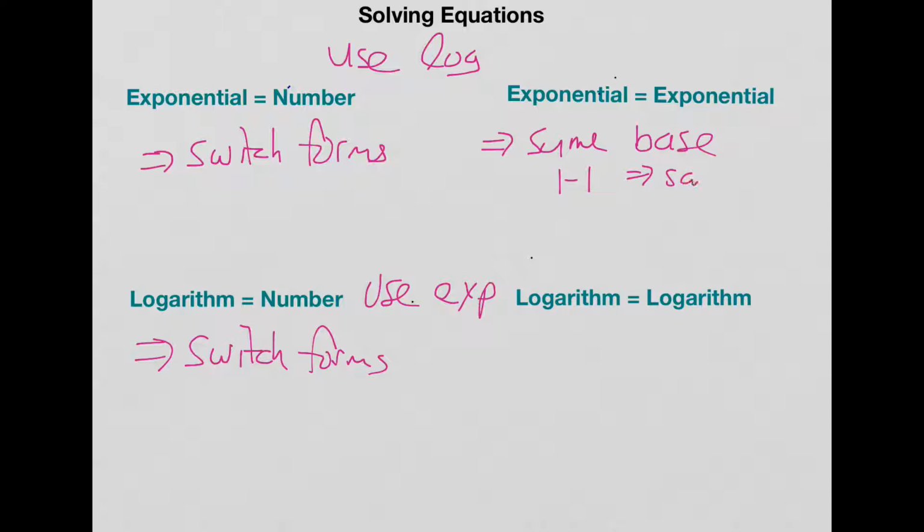So, same output means the same input. I can just take advantage of the fact that if I have a number to a power equals the same number to a different power, the two exponents are equal. And that's pretty easy to solve. We did that back in the exponential part of the chapter.